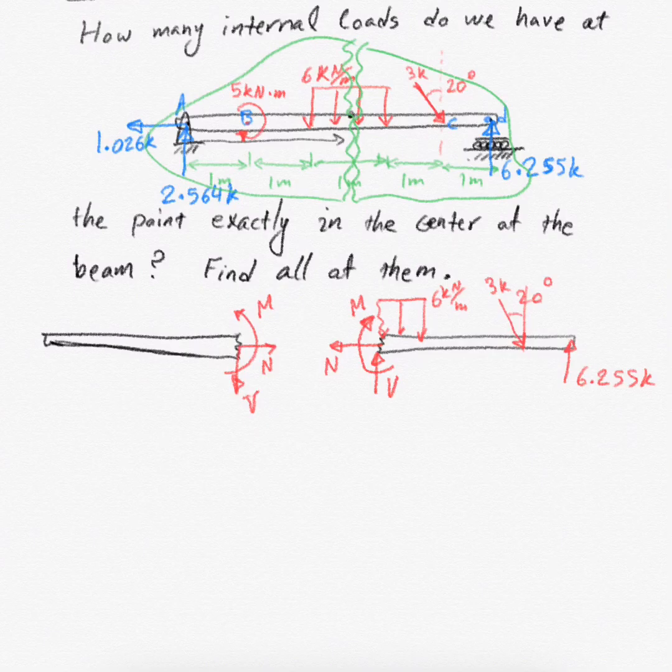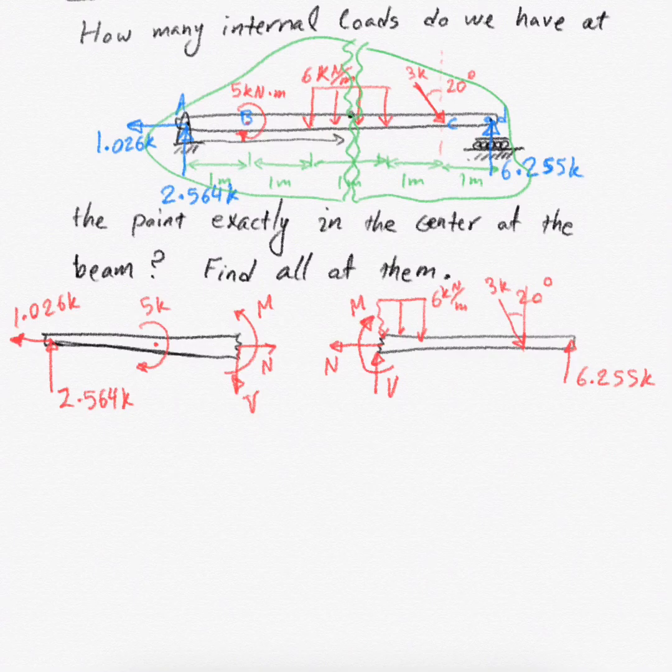So I'm done with the FBD on the right. Let's go to the FBD on the left. Then you have an external couple moment here, 5K. Then you have 2.564K and 1.026K going this way.